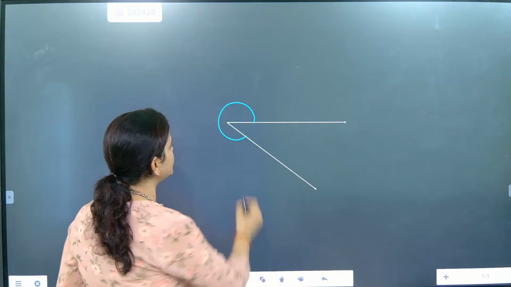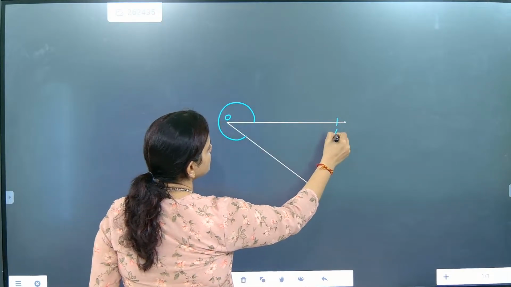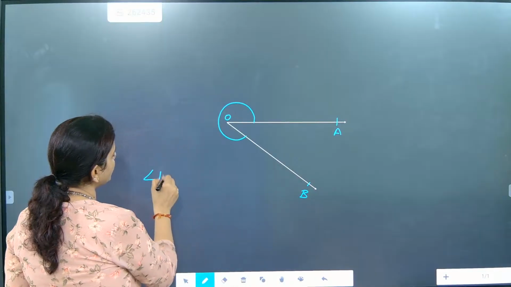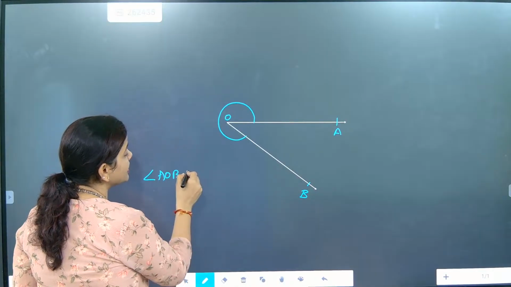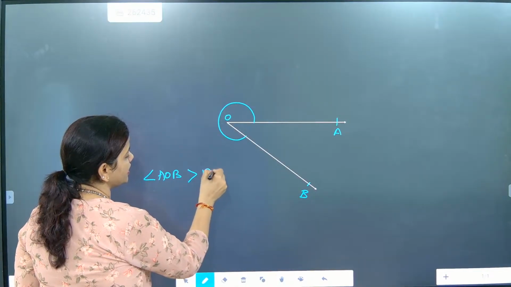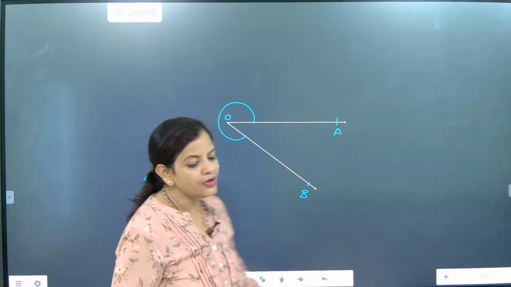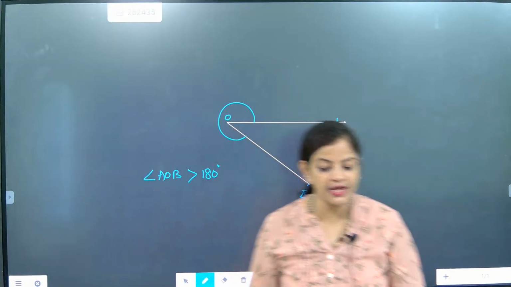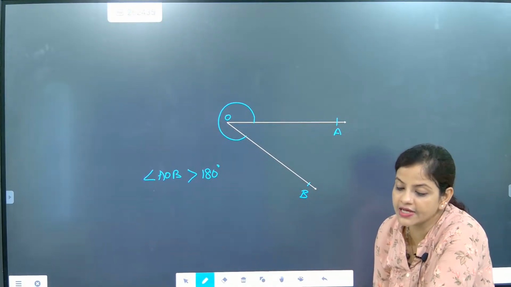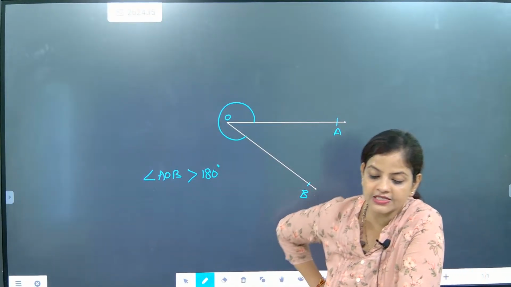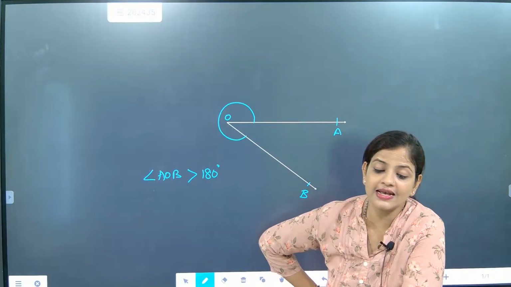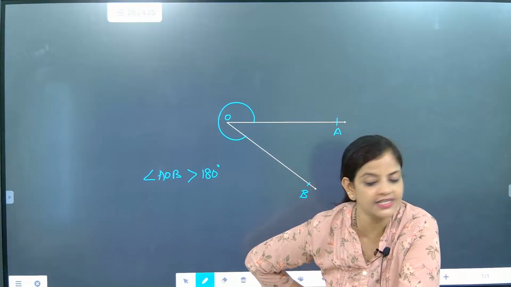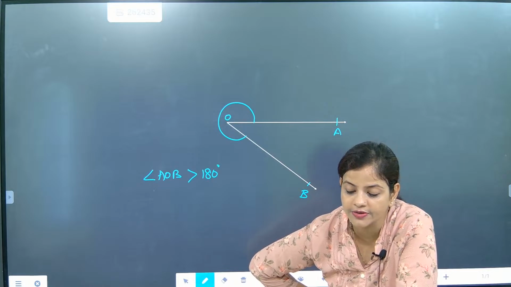This is O, this is A, and this is B. So angle AOB will be greater than 180 degrees. Say it, children: angle AOB is greater than 180 degrees. When angle AOB is greater than 180 degrees and less than 360 degrees, it is considered a reflex angle.